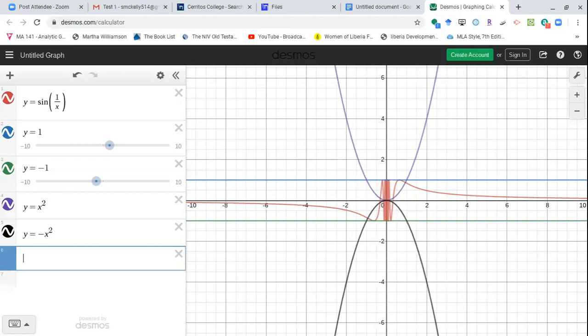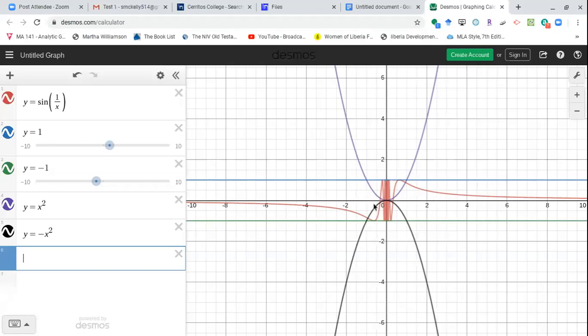You'll see what's happening right here. We're looking at it around 0, right? And what's happening is this limit is going to 0, obviously. This black curve, this limit is going to 0 here, and the curve is squeezed between them at that point. At 0, the curve is between them.